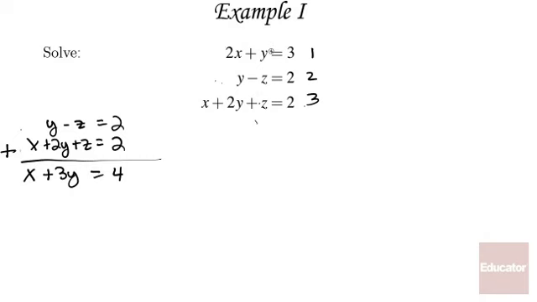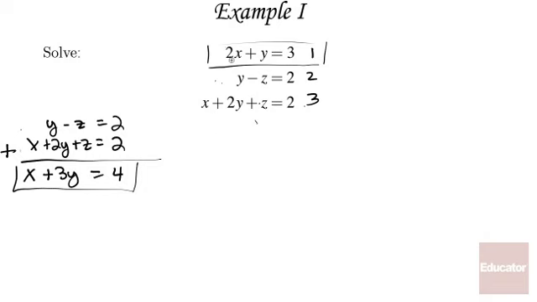Equation 1 does not have z in it, so I don't even need to proceed that way. I've already got two equations with two unknowns. This is a particularly easy situation compared with when all three have three variables.